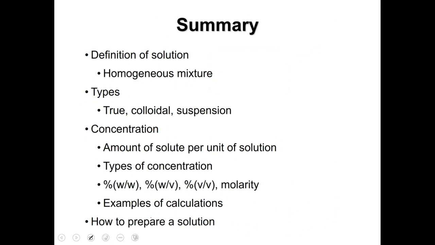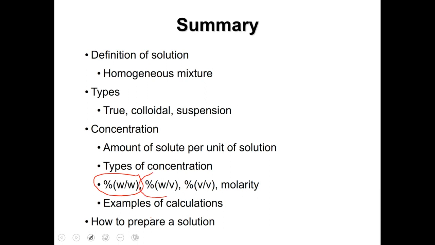And then we focused mostly on the definition of concentration, which no matter what way it is represented, it refers to the amount of solute, whether it's in grams or volume, per unit of solution, which could be mass or volume. And then we talked about the different types of concentration. We focused on the 4 most common ways that they are defined, which is percentage weight over weight, which means grams of solute per 100 grams of solution.